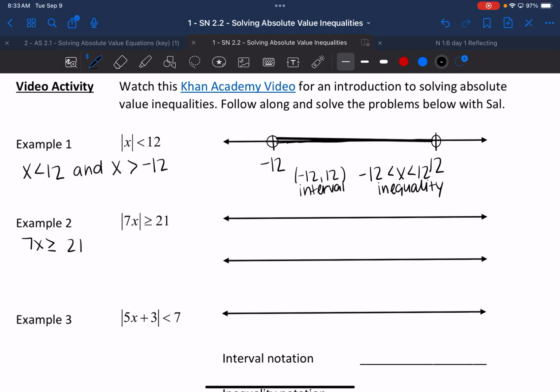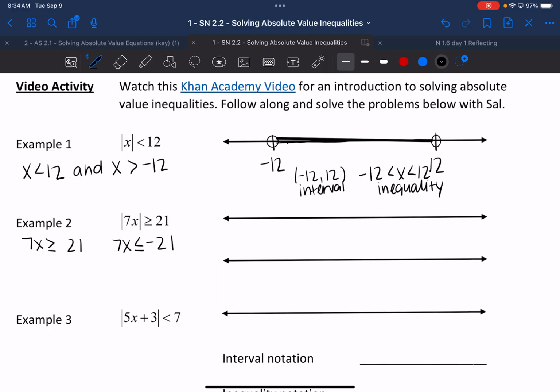Okay, and then I also need to set up the other, which means that I keep the 7x, the part inside the absolute value, the same. But what I change is the other side, right? I change its sign, and I'm going to flip the inequality as well. So now it'll be 7x is less than or equal to negative 21, okay?